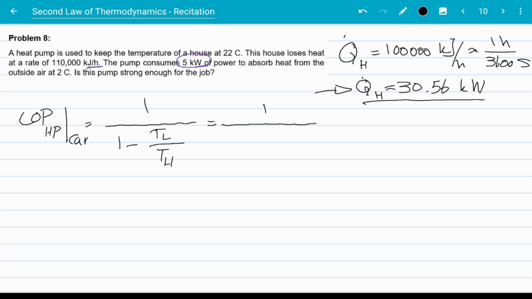So 1 over 1 minus, now TL is 2 degrees Celsius. In Kelvin, that is 275. 22 in Kelvin is 295. You do the math, you get 14.25.